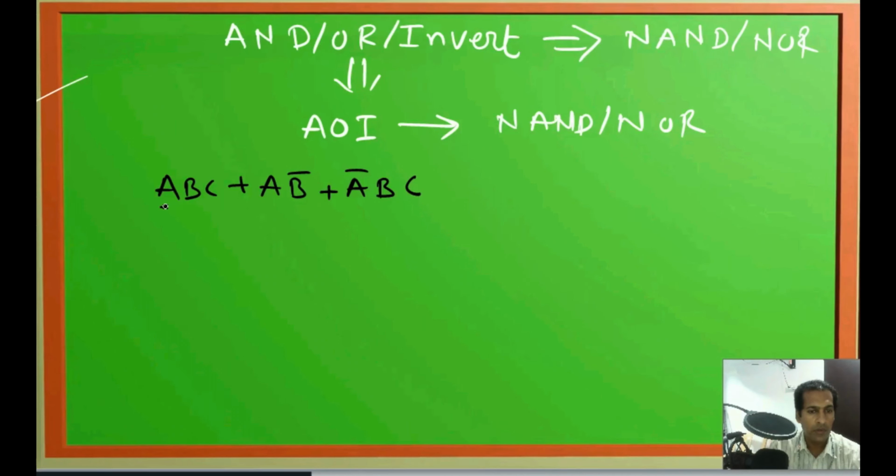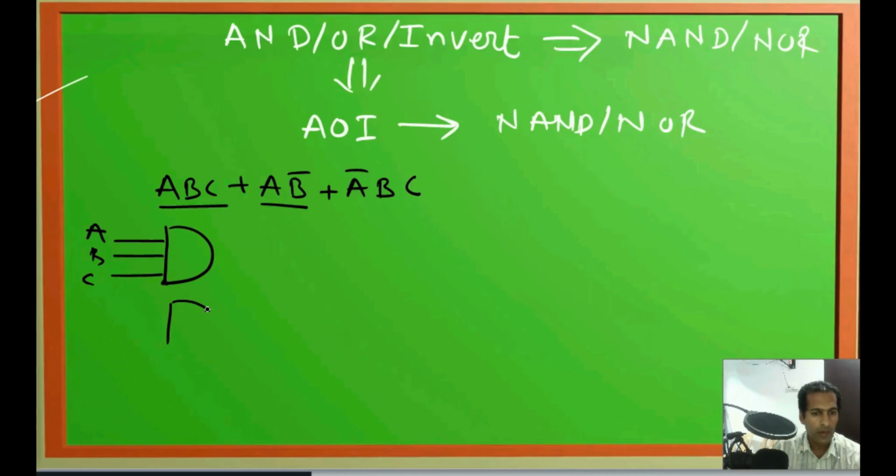First we have ABC, so the inputs A, B, C are all ANDed. Then next AB bar, so here we give A and B bar. The B bar is coming from an inverter where we are giving B. So this is AB bar, this is ABC.